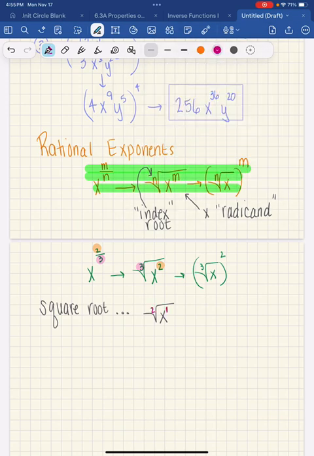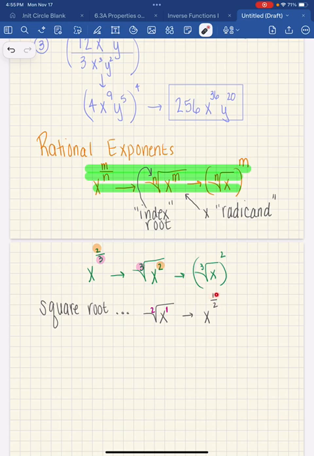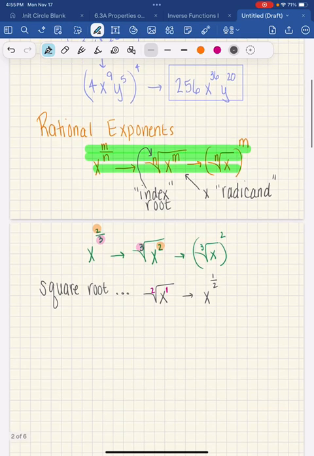We don't write the 1 or the 2, but it is the same. A square root is the same as a 1/2 power. The denominator, 2, is the root. The numerator is the power. So square roots, very, very common that we're going to be converting that to x to the 1/2. And then a cube root is going to be to the 1/3. So a cube root is x to the 1/3.